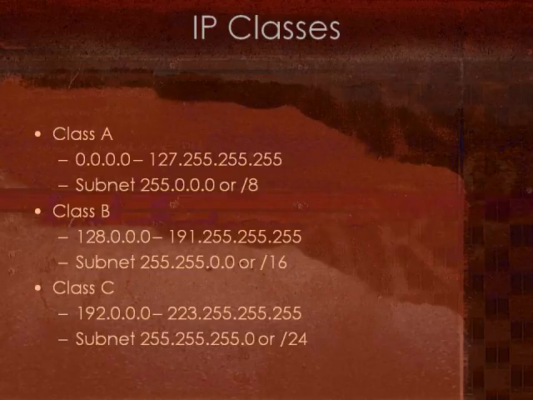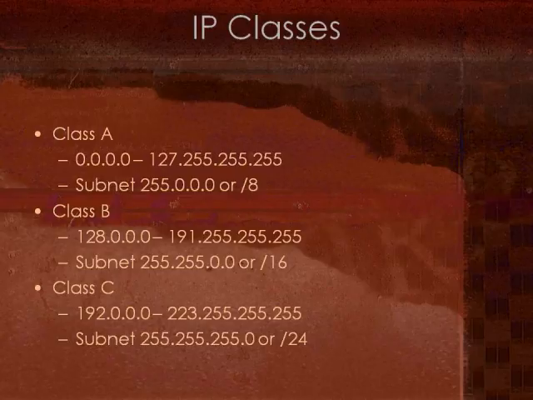And below that, you can see my Class B and Class C networks. Class B is 128.0.0.0 to 191.255.255.255. To represent that as a Class B, the subnet has to be 255.255.0.0, the first 2 octets of 255 representing the network portion.